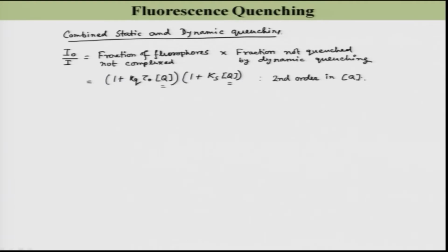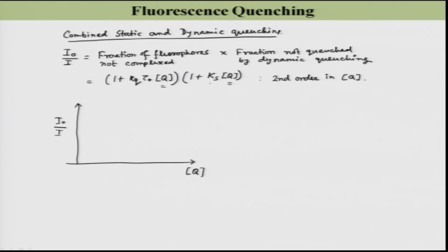And now, if you plot this I0 by I versus concentration of Q, obviously this is no longer a straight line. Obviously it will start from 1, as you can see here, when Q equal to 0.